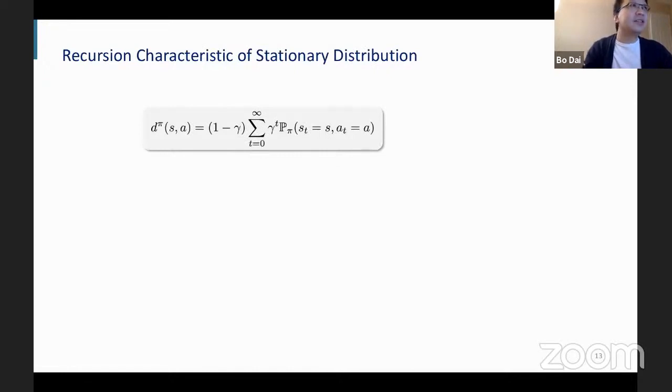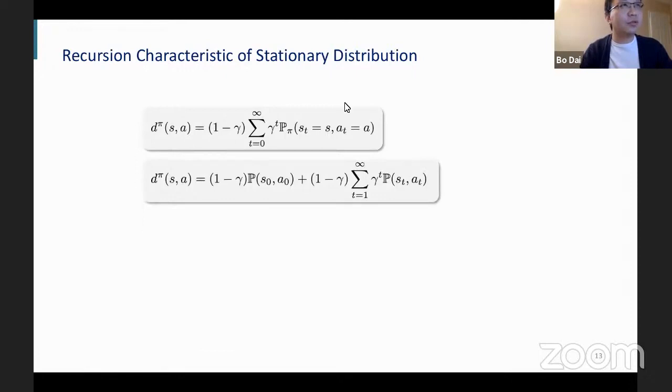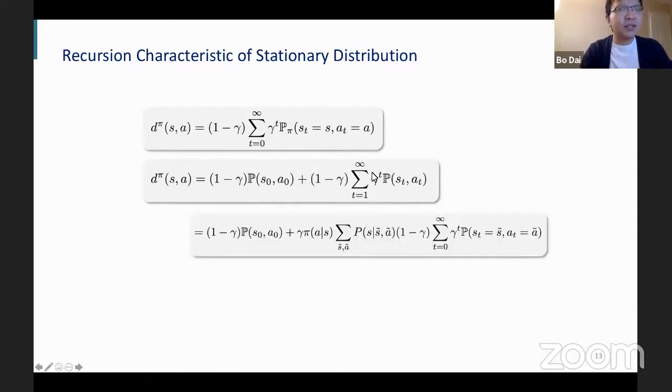By the definition of the stationary distribution, we can have a similar Bellman recursion here. Let me derive it for you. This is the definition of the stationary state-action distribution, and we do one-step expanding. So it's from t equals 0 to t equals 1. Then we expand this part.